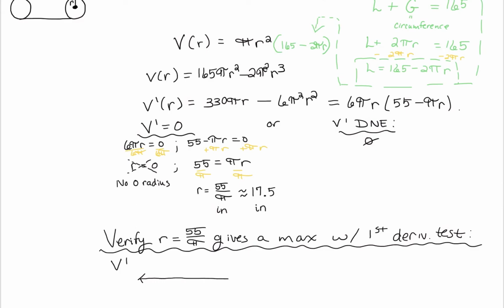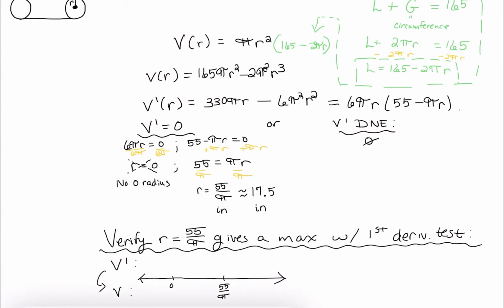But this is just your sign analysis on your first derivative. So you're subbing into the first derivative, and then you're making conclusions about the increasing and decreasing behavior in the original. So you do want to put your critical points on here. 0 was a critical point, and then so is this 55 over pi, or approximately 17.5. Now, of course, it's not going to really make any sense to think about anything that's less than 0, so we can really just focus on between 0 and 55 over pi.